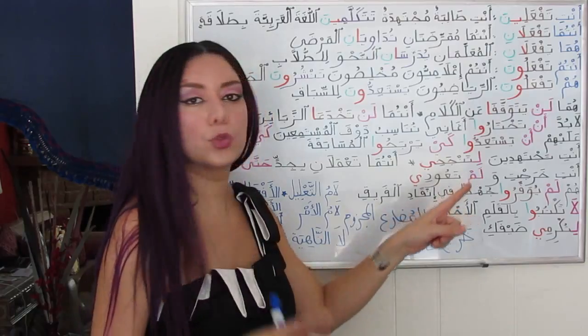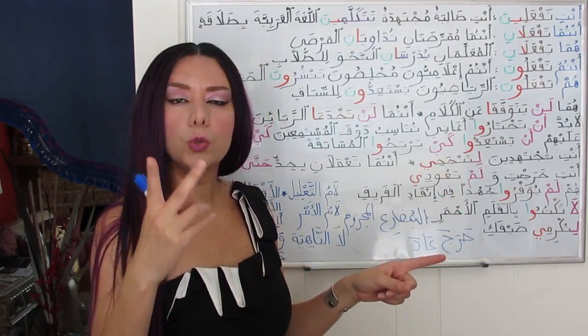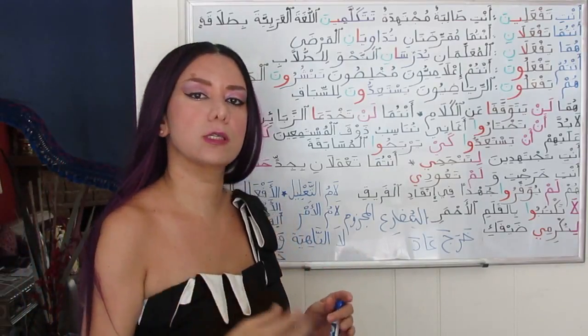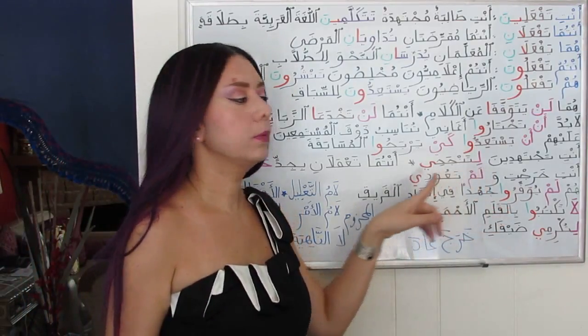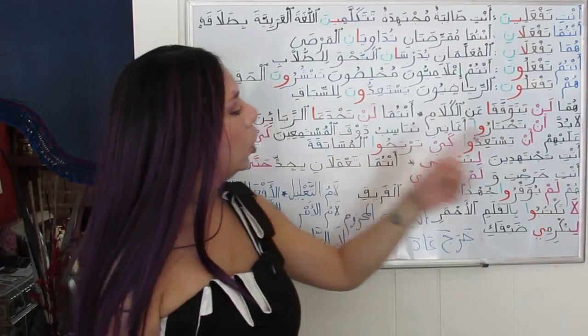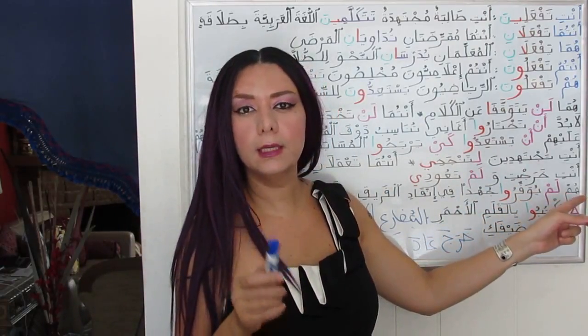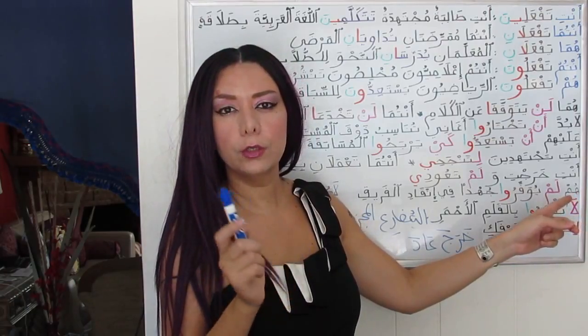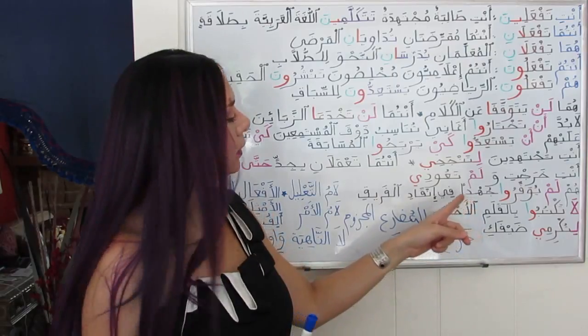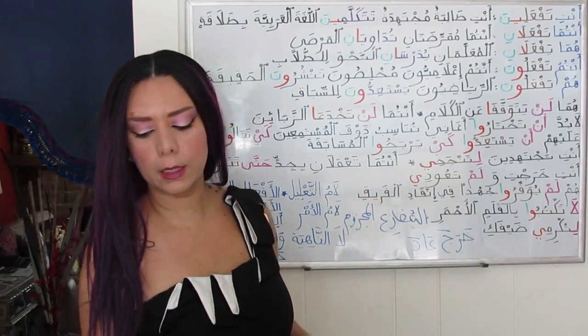So you have 2 hints to know that this verb is conjugated in the imperfect jussive, preceded by لم, and the noon is gone. هم, third person plural masculine. هم لم يوفروا جهدا في إنقاذ الفريق.